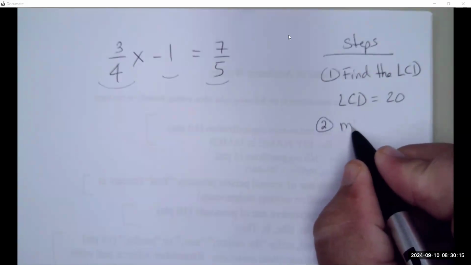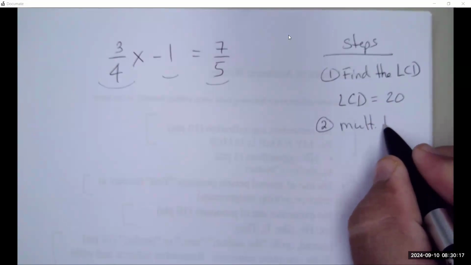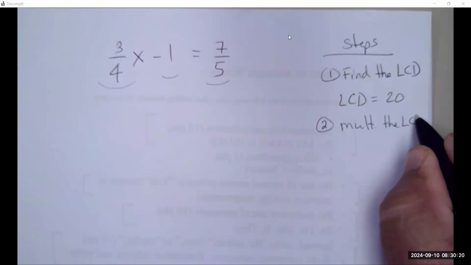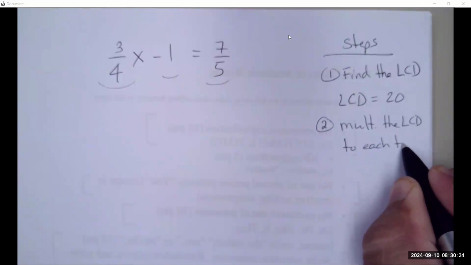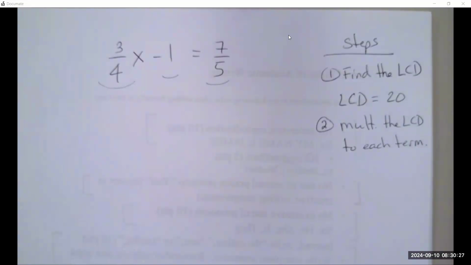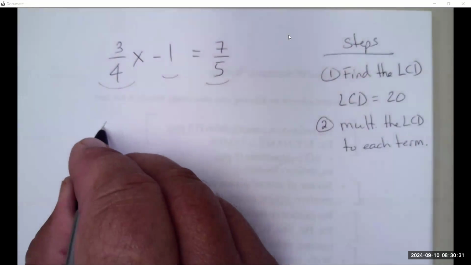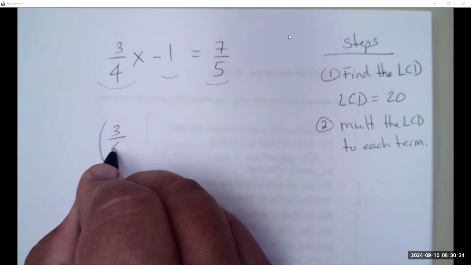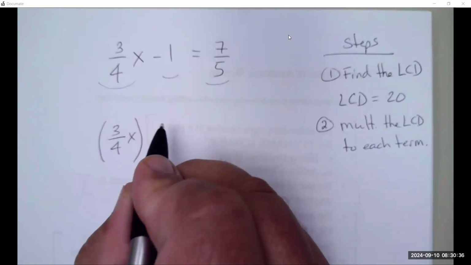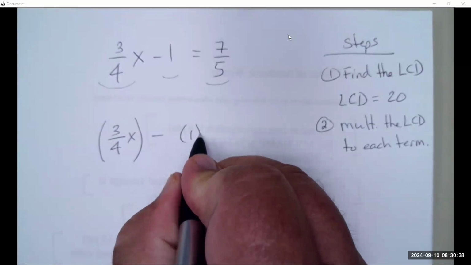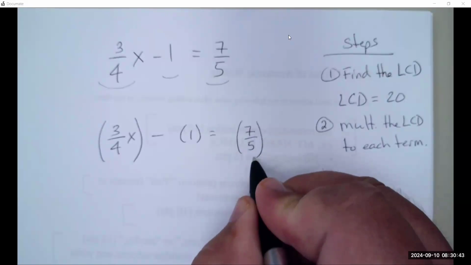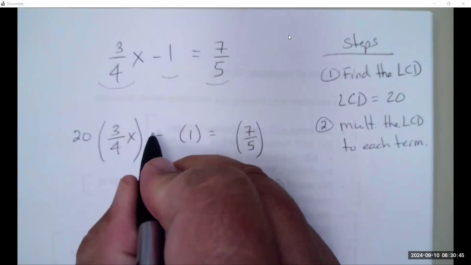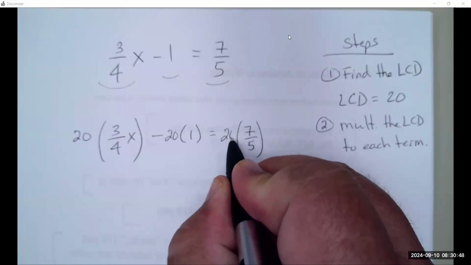Because what you do there is now you multiply the LCD to each term. So just put a parenthesis around each of the terms separately. And multiply each one of those parentheses by the LCD.